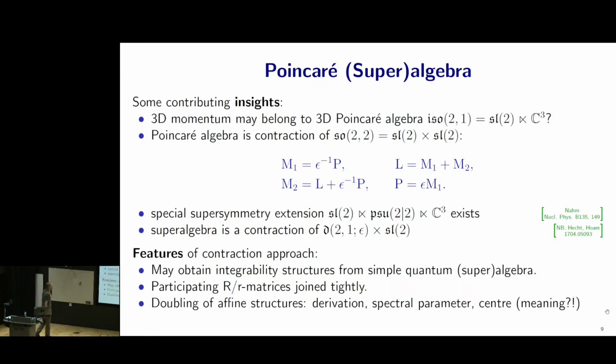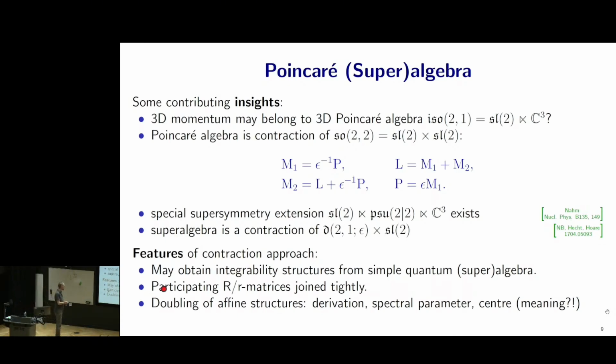Now, why is that useful? If we follow this picture through, we might obtain the integrability structures from a simple classical or quantum algebra or superalgebra, namely this one. For simple algebras, the construction principles are quite well established, so we could eventually even obtain the universal R matrix from this.